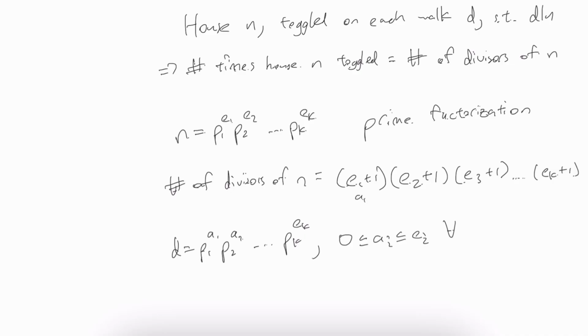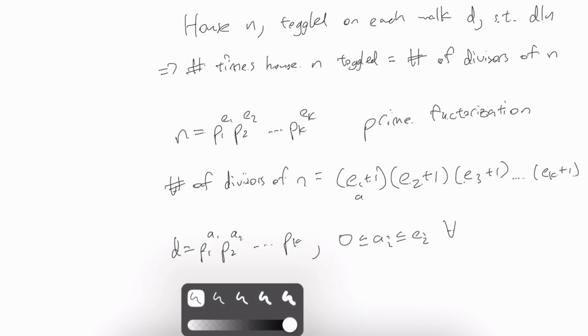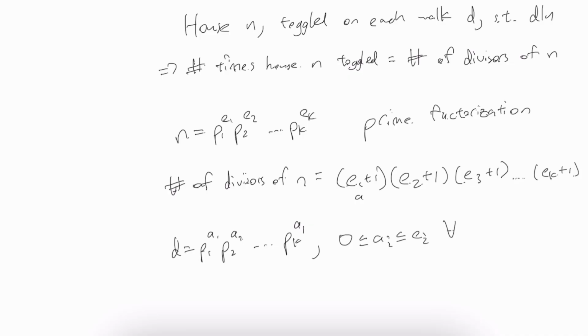Each prime is independent of the others, so the number of ways we can choose a2 is independent from the number of ways you can choose a3, all the way to the number of ways you can choose ak. And so we just multiply the number of ways and end up getting this formula here.